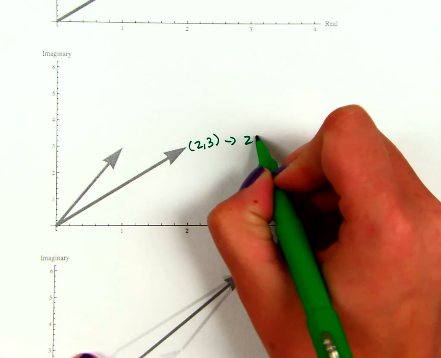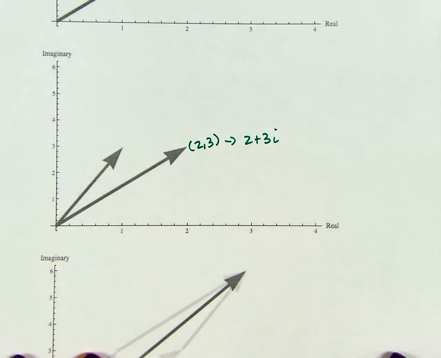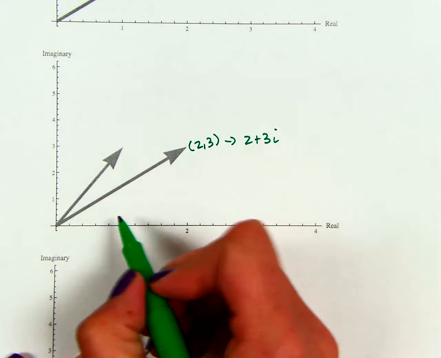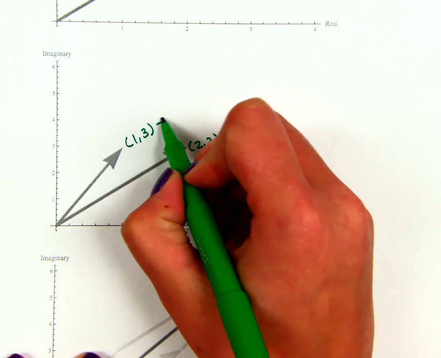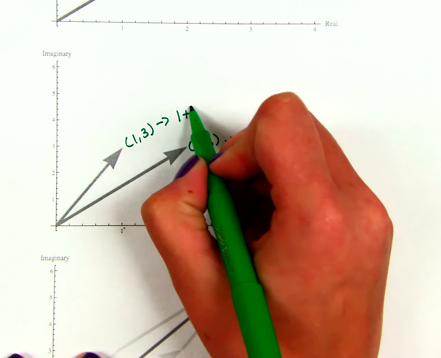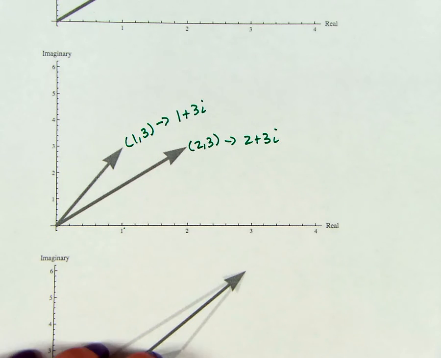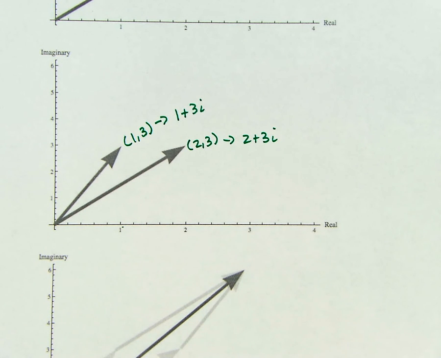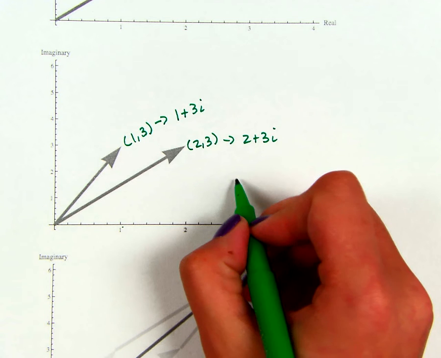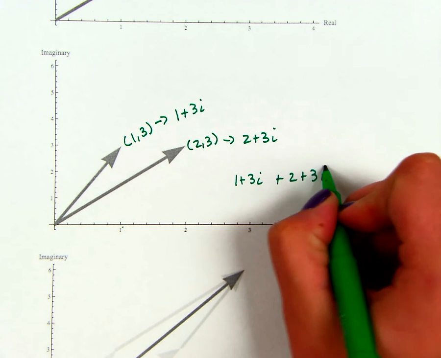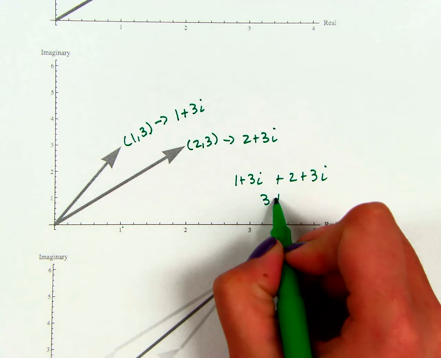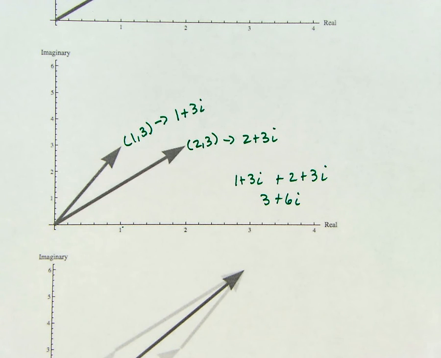So it really means 2 plus 3i. And I want to add this vector to it. So this vector is at (1, 3). So again, this really means the same thing as 1 plus 3i. So if I just want to add those algebraically, if I take 1 plus 3i plus 2 plus 3i, that is going to give us 3 plus 6i.